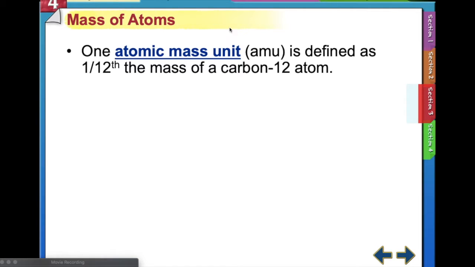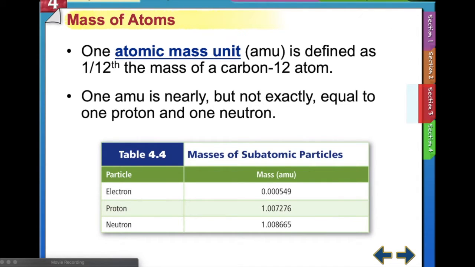So one atomic mass unit, AMU, is defined as 1/12 the mass of a carbon-12 atom. I mentioned earlier that there are some measurements where we literally just took a thing and said, okay, we'll start with this thing and call it a gram, and then we built our system from there.